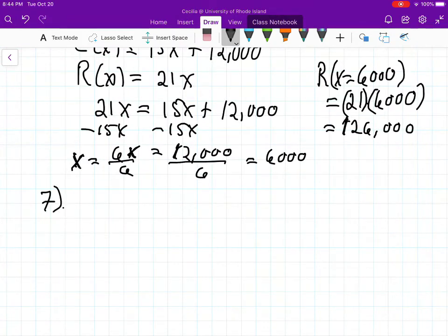Okay, let's look at number 7. Number 7 is a problem about linear depreciation. We're told an office building is worth $1 million when completed in 2005, and it's being depreciated linearly over 50 years. So let's write down what we know. So it's $1 million in 2005, and it's depreciated linearly for 50 years.